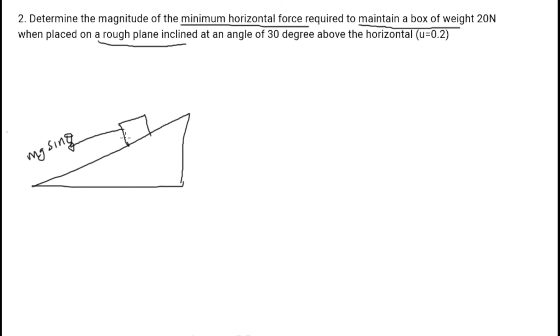So if we apply a force on this object, it has to be in this direction, because it will be able to stop it if it is in this direction. If it were in the other direction, it would add to the downward motion of the object, so it has to be in this direction.